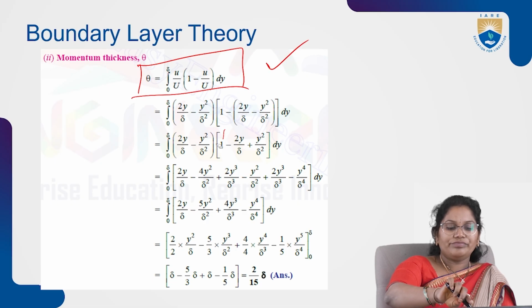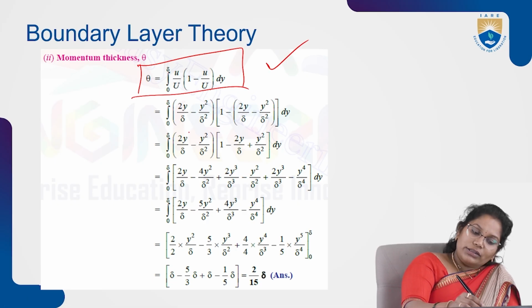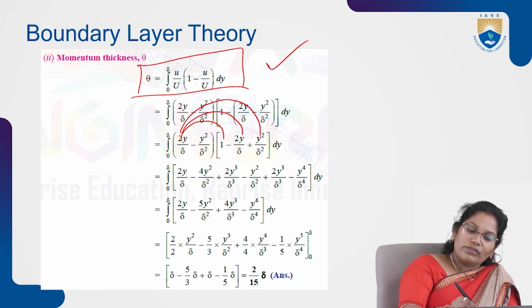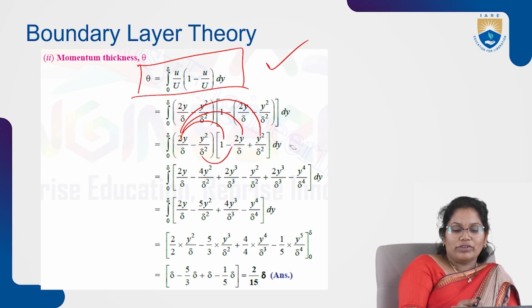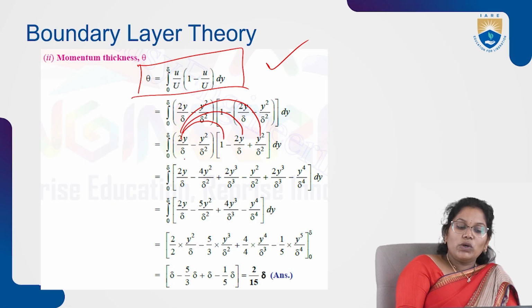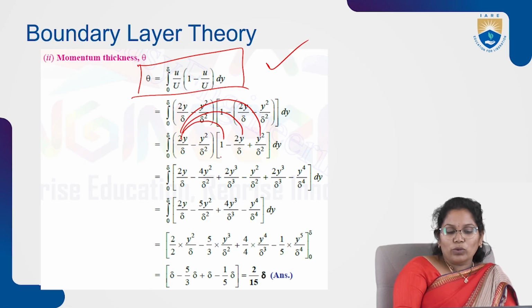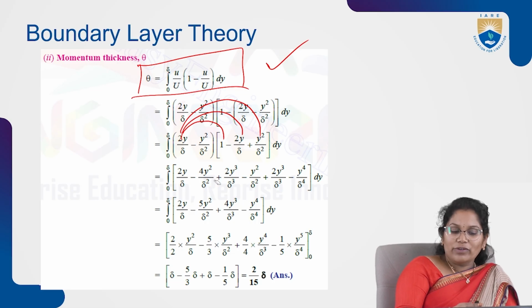Again, same here. This value is multiplying with all these three values. First let us complete this first one. 2y by delta into 1 is 2y by delta as it is, minus 2y by delta into 2y by delta becomes 4y square by delta square, second term.